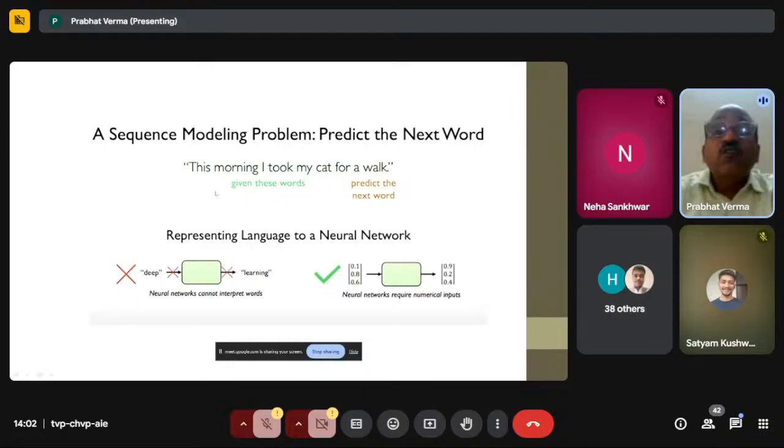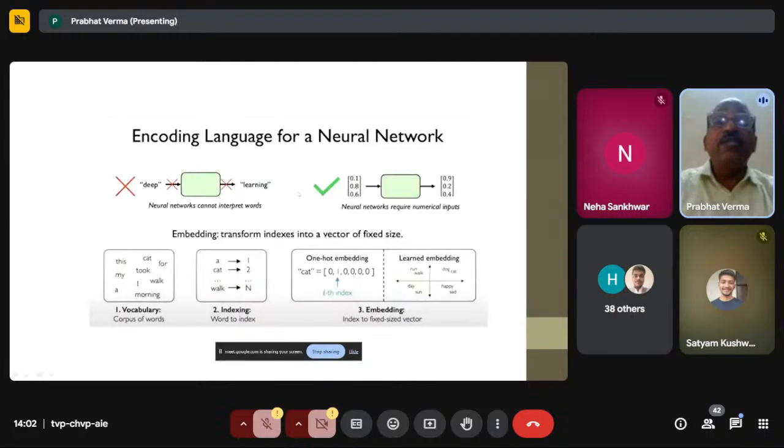Obviously, we should perform some sort of encoding, because neural networks work only on numerical data, not on text data. So we should map this text information into numerical form somehow. That is known as the encoding language for neural networks. So neural networks require numerical inputs.